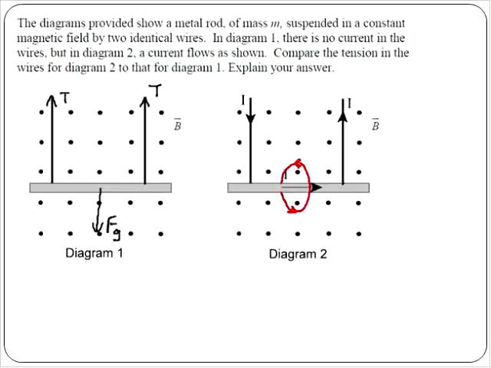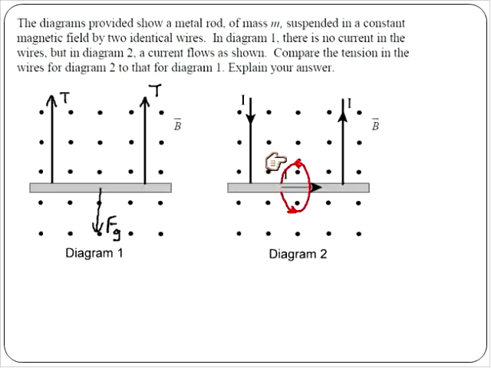So if it's flowing into the screen right here, what does that do? Well, we've got a magnetic field, the permanent magnetic field right here, a constant magnetic field, all these dots represent that, that's pointing out. And the other field, the one caused by the current, is pointing in.